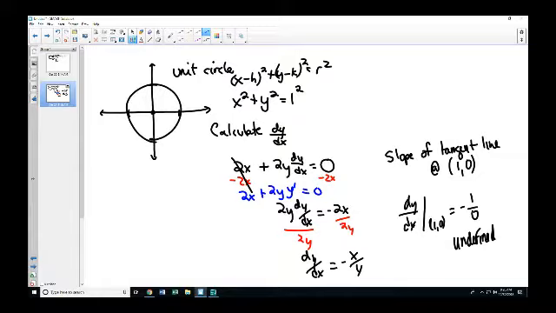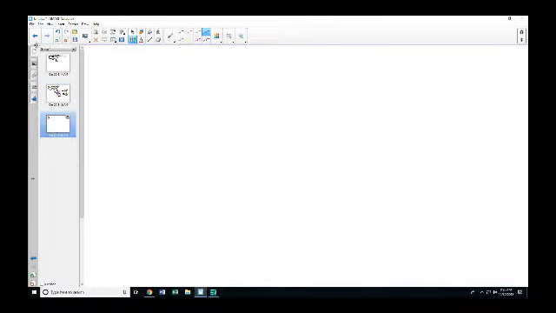Let's step it up a bit. As always, we can implement product rule, chain rule, etc. in these problems.